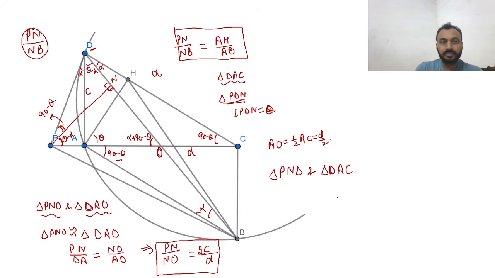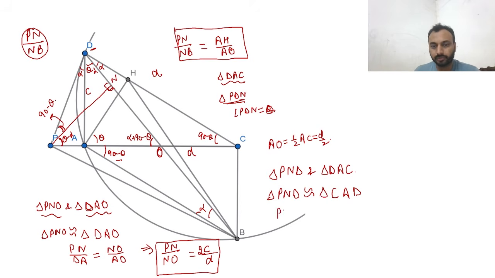They have the same angles: theta, 90 minus theta and 90. So if I write the correct order: at P the angle is 90 minus theta, and at C the angle is 90 minus theta. At N we have 90, at A we have 90, and at D we have angle theta, and in that also at D the angle is theta.